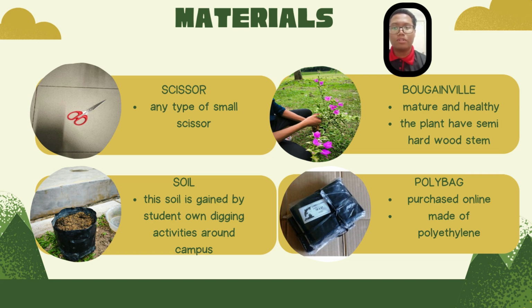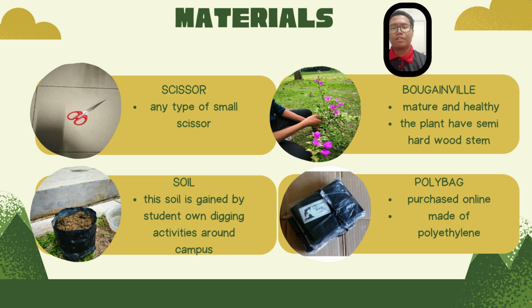Then we use soil. This soil was gained by students through digging activities around campus. For almost the same reason, we dig our own, because buying soil online could be costly and usually it comes in bulk quantity. Then, of course, we need a Bougainvillea.